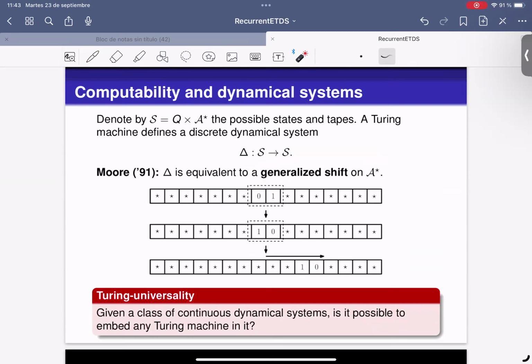But I'm going to be even more precise, because this dynamical system happens on A star, and A star is very crazy. I don't understand it very well. So let's describe this as a discrete dynamical system on a very familiar space.